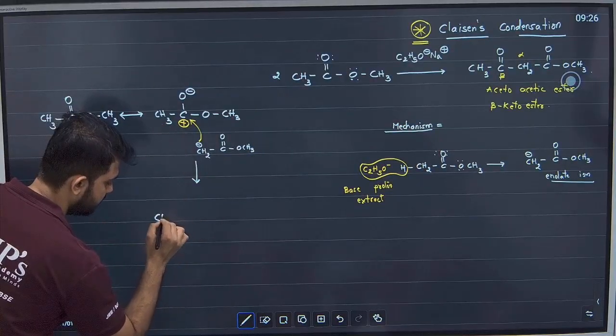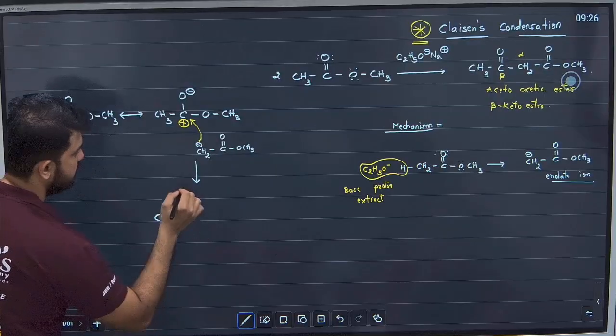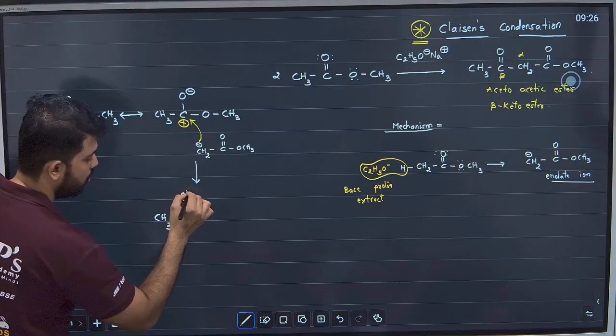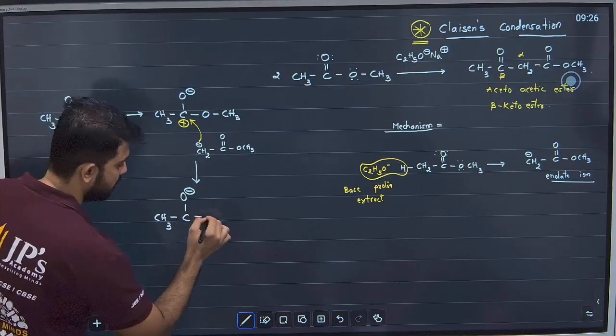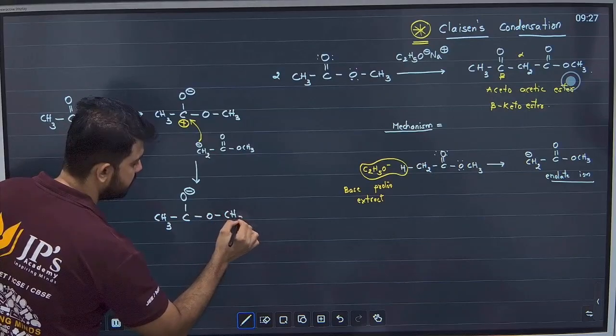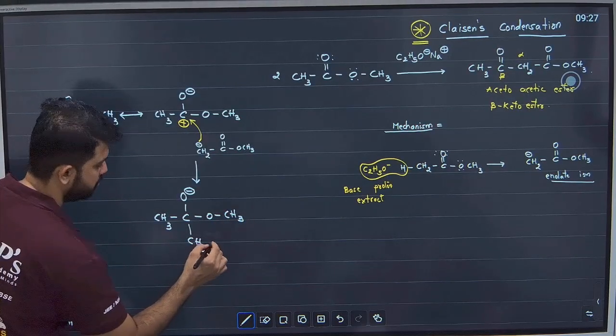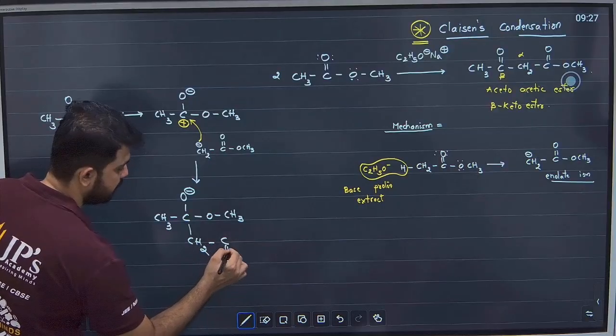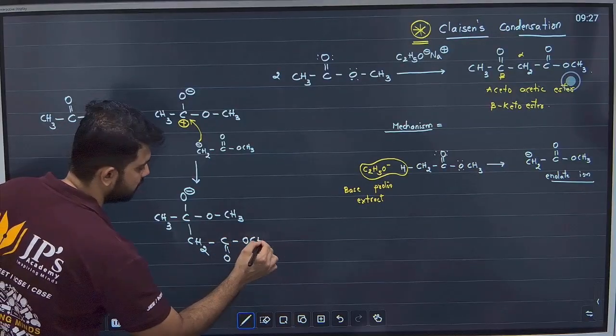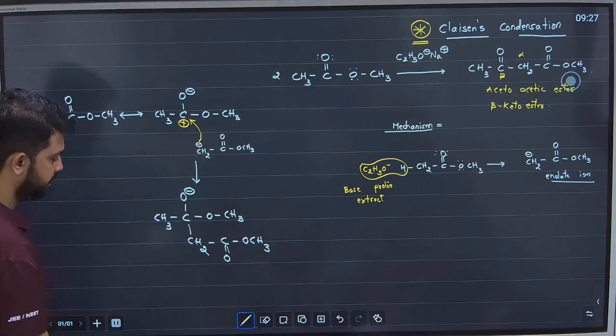CH3 CO minus OCH3 CH2 C double bond O CH3.